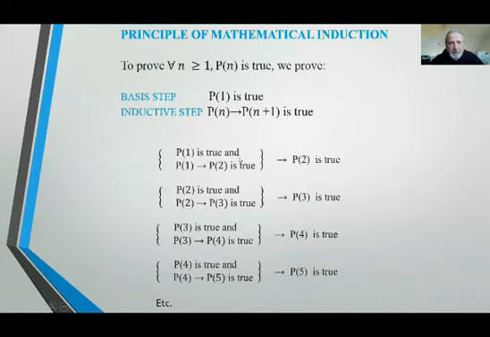So now P1 is true, and since P1 implies P2 is true, now P2 becomes true. Now P2 is true, and P2 implies P3 is true, then P3 is true. P3 is true, P3 implies P4 is true, then P4 is true, and so on and so forth.